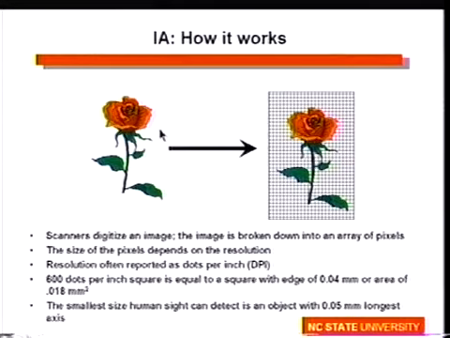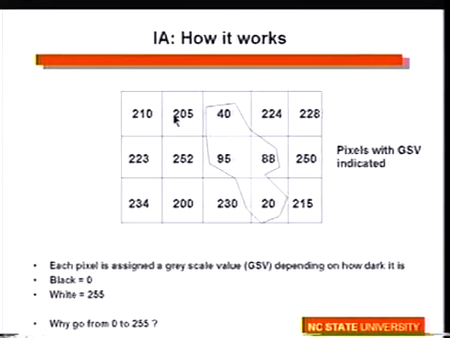The smallest size a human can detect on an object is about 0.05 millimeters in the longest axis, so 600 dots per inch gets us to about the border of human sight. We can get basically all the visible particles.